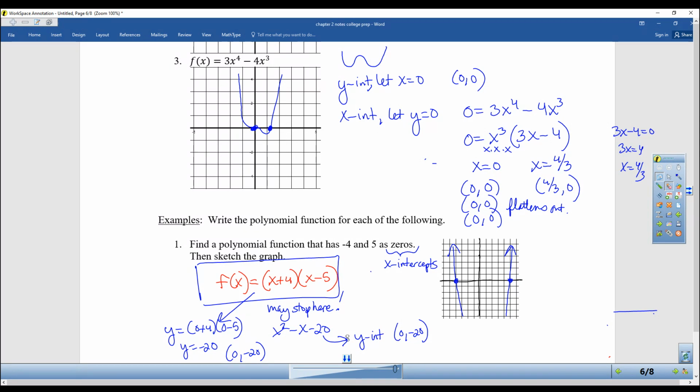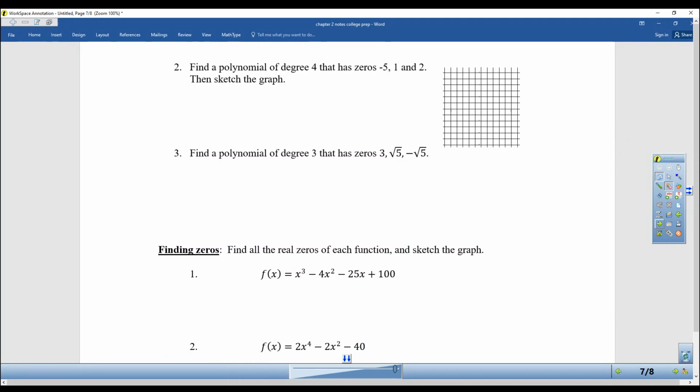Okay. Next one. Find a polynomial of degree 4 that has zeros -5, 1, and 2, and then sketch the graph. So I'm actually going to talk about the sketch. Well, no, we can make the polynomial.